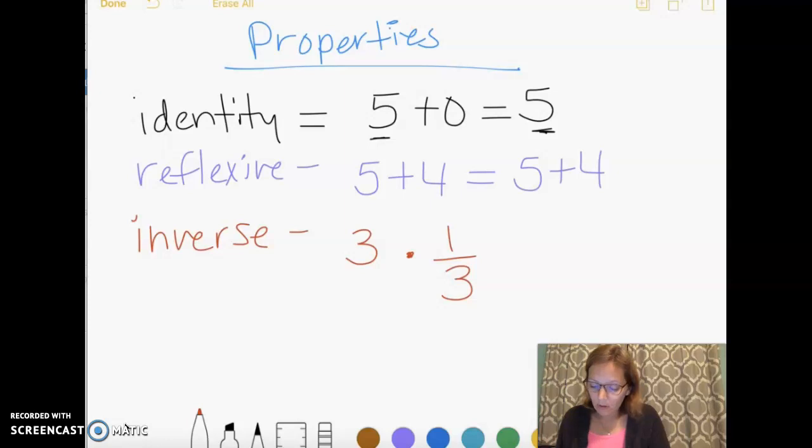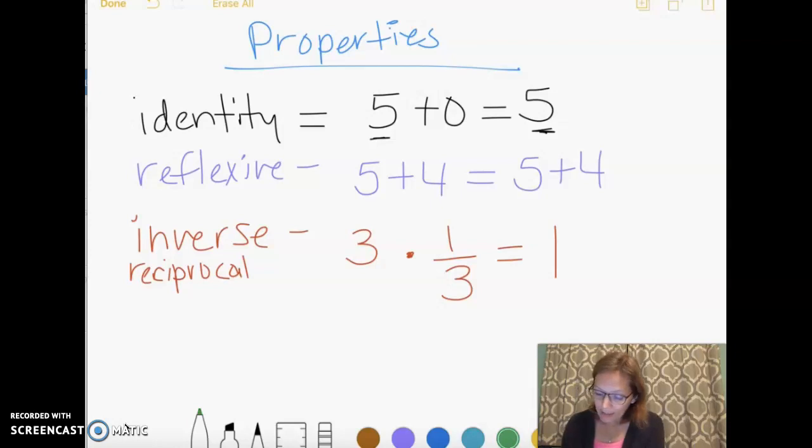So this one is also called the reciprocal property. Okay, reciprocal or inverse. So you take a number, you multiply it by its inverse, and it equals 1.